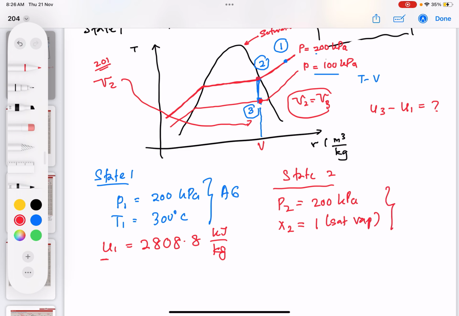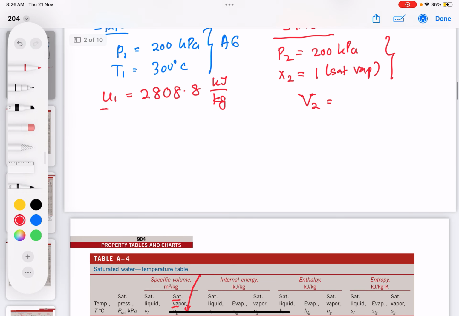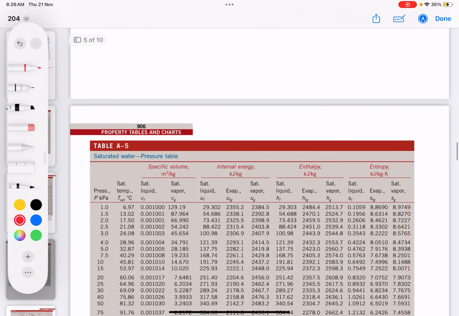And then my specific volume for state 2: now my variable is pressure, therefore I have to use table A5.